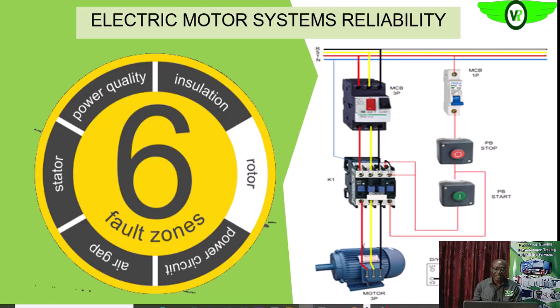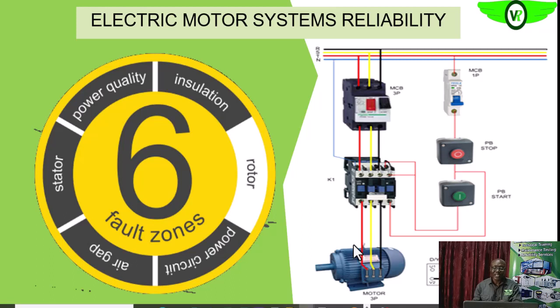Then we are also going to look at the insulation fault zone. The insulation fault zone has to do with the insulation of the windings, either to ground or between phases in the electric motor itself. Are we getting it? So we know that that can affect the reliability or the integrity of the electric motor, and thus the electric motor system.